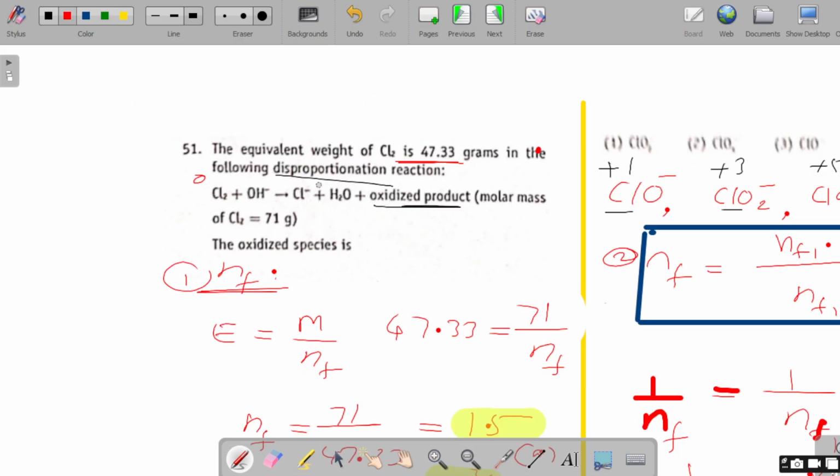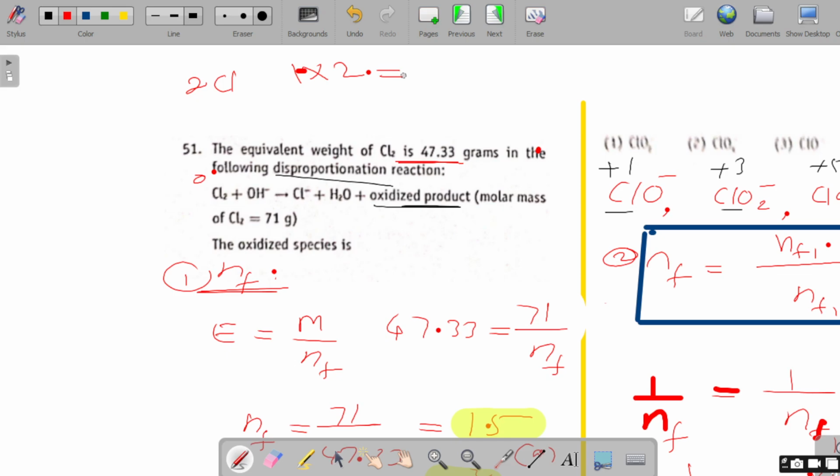So for 1 Cl the change in oxidation state is 1. For 2 Cl the change in oxidation state is 1 into 2. So first, the change in oxidation number, or the n factor, is 2. So we have identified nf1 according to the change as 2.